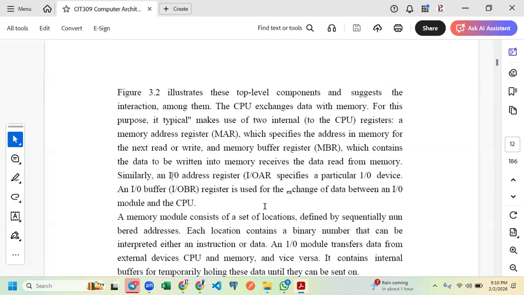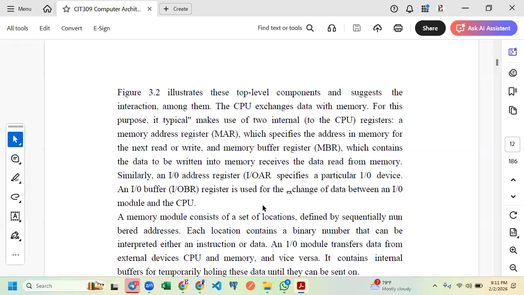Okay, so we check. The work of the MAR is to specify the address in the memory for the next read or write. It's just like when an operation of read or write is about to take place, the MAR says to this particular memory, you are the one to take on the next job.